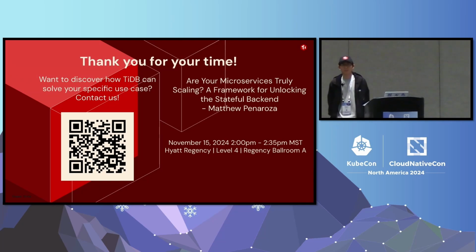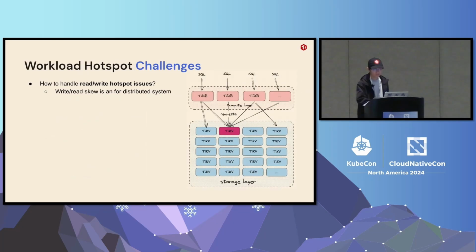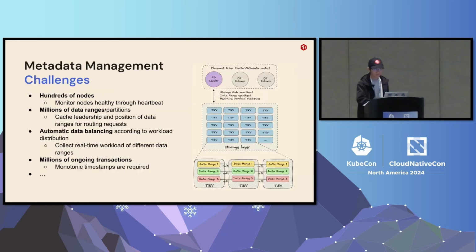Hey, first off, thank you for the talk, and huge respect for what you all have built here. I work in this space as well, and this is exciting, but also a very technically challenging problem. My question is about the PD part of that architecture diagram. I know you showed one of them is a leader and the others are followers. Is that one raft group, or is it multiple?